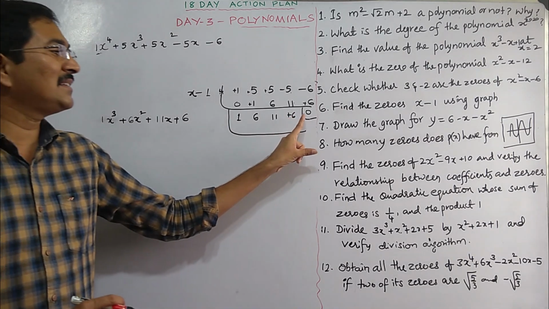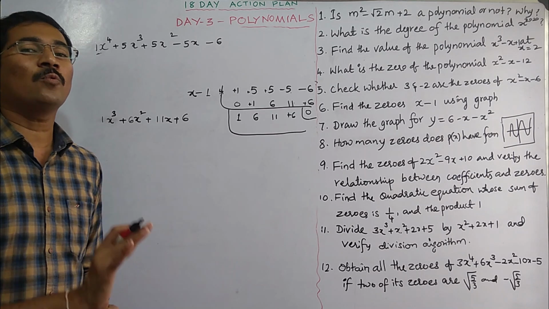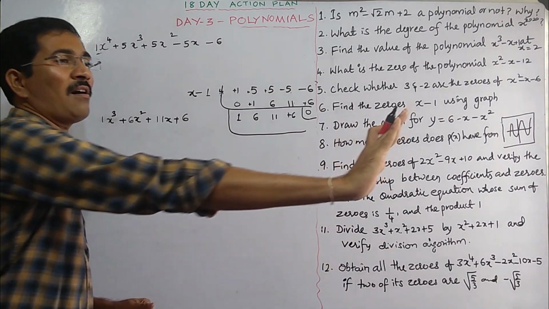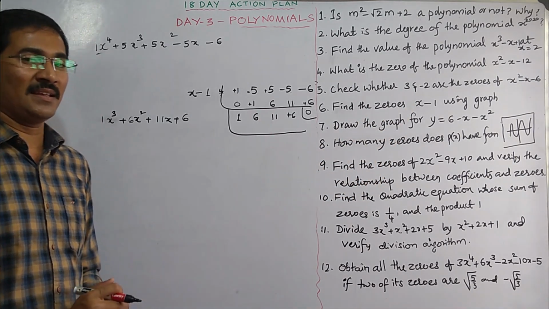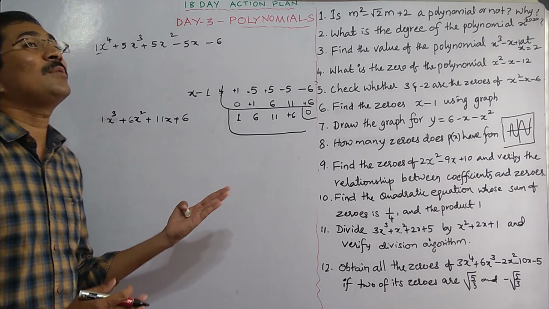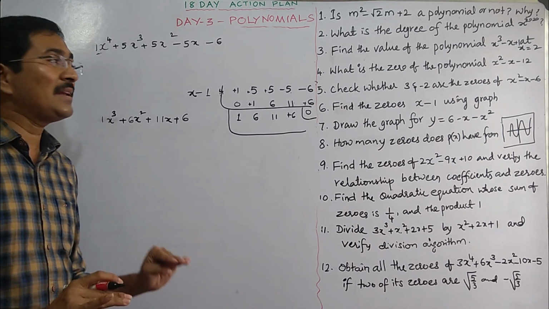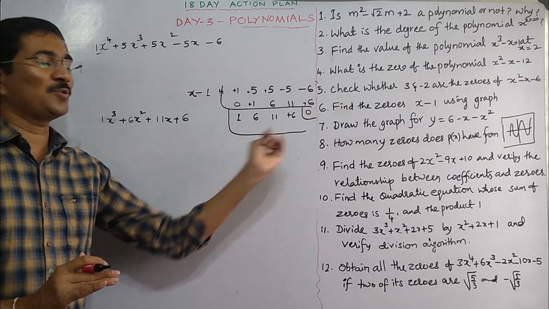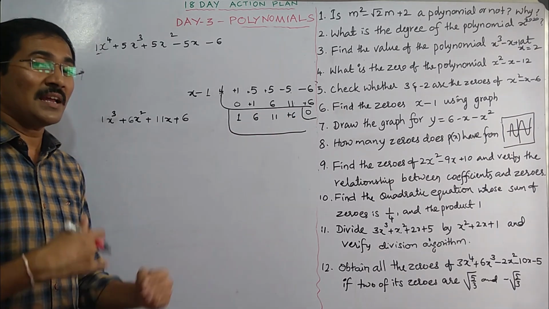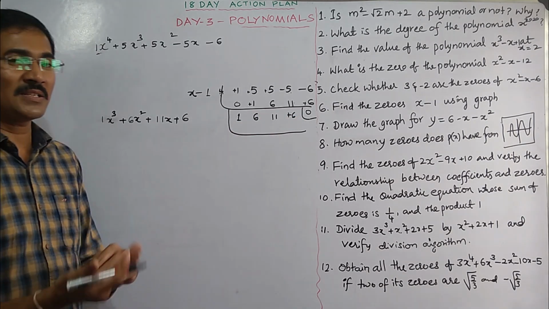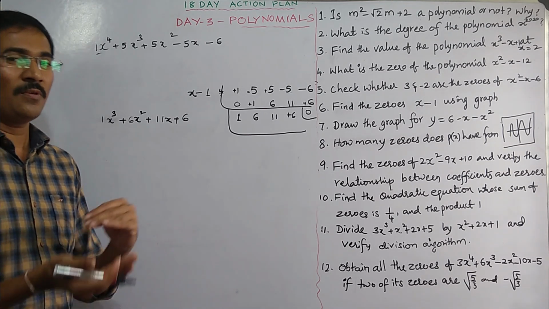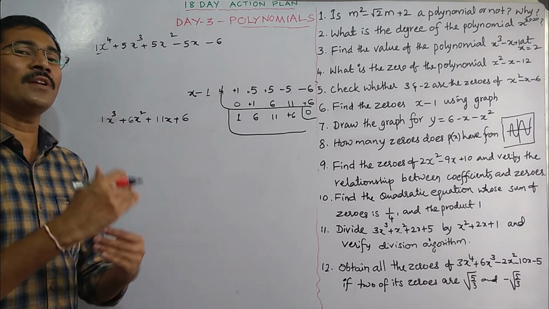In case you did not get this 0 as result, what would you do? Simply ignore all this and start from the beginning. So now this happened to me luckily. Every time you may not get the answer directly coming to 0. So you have to trial for numbers like 1, minus 1, minus 2, plus 2, minus 3, plus 3. Like that you have to go on checking.